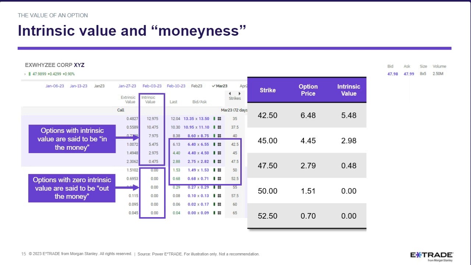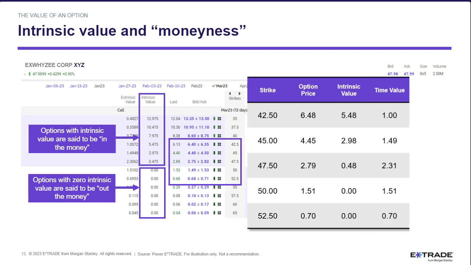Its intrinsic value, though, is $5.48. The 45, the option price is $4.45, but its intrinsic value is only $2.98, and so on. So we can do a simple calculation that the rest of the value of the option is what we call the time value of the option.